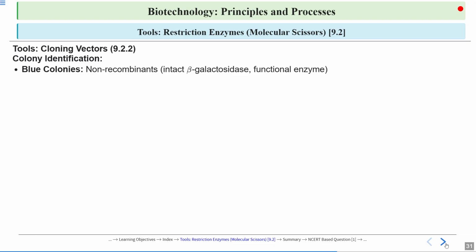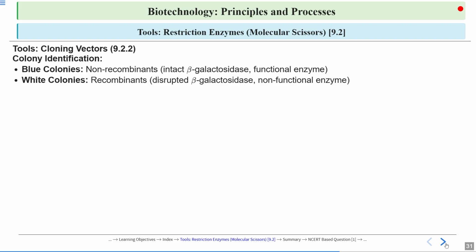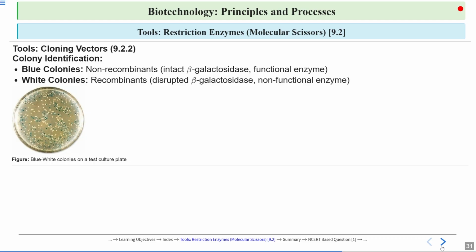As I told, blue colonies are non-recombinant and white colonies are the recombinant, because in non-recombinant there is intact beta galactosidase. It is a functional enzyme which is able to convert the chromogenic substrate into blue color, but in recombinants, because the beta galactosidase activity has already been disrupted, it is not able to convert into blue color.